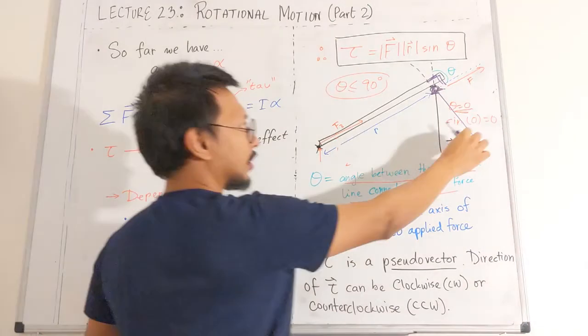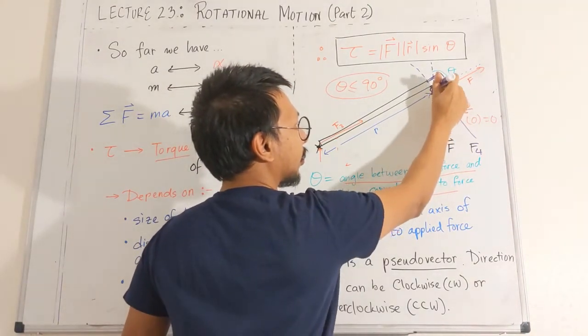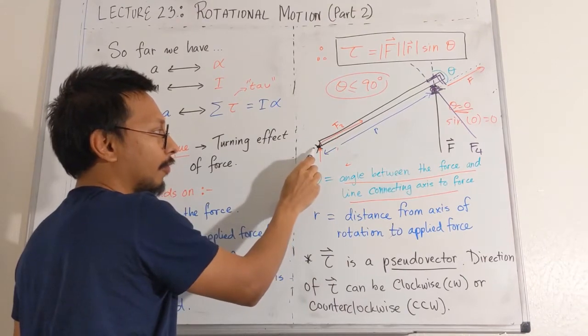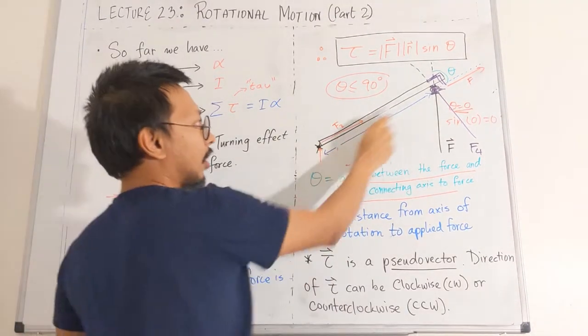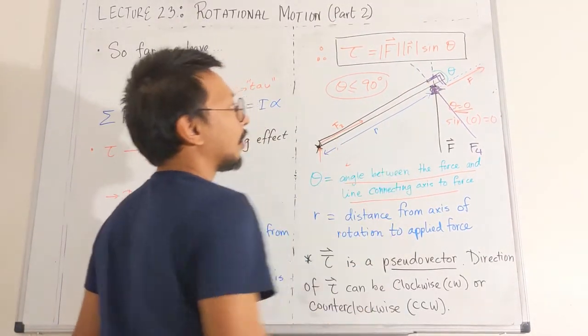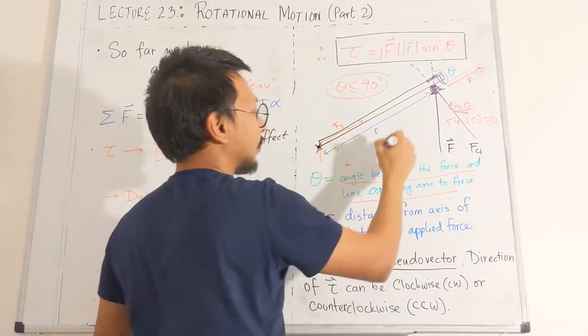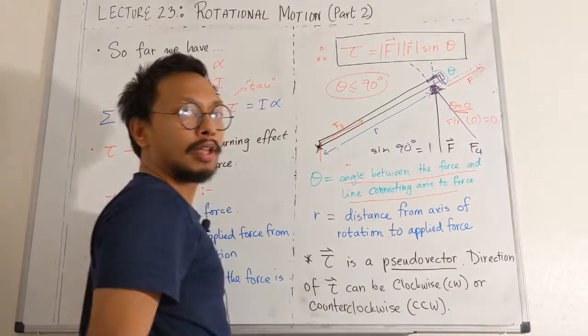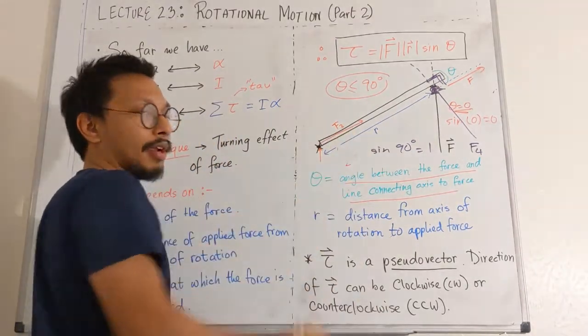If you apply a force that is perpendicular to the line R connecting the point of rotation or the fixed axis, then sine of 90 is equal to 1. That is the maximum value of sine theta.